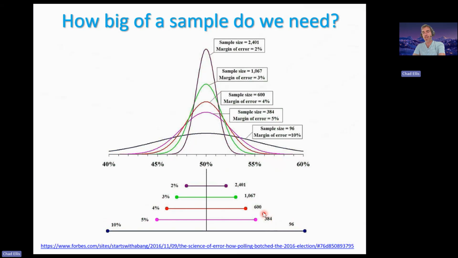As we go up and increase n, our sample size, we see that the margin of error gets smaller and smaller. So as we decrease the margin of error, we're likely going to increase the sample size needed to achieve that smaller margin of error.